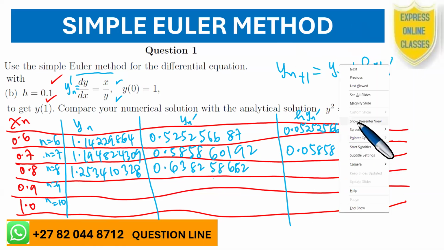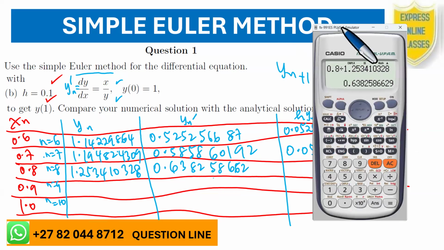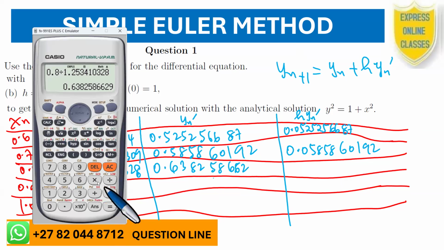Let's see what we get when we multiply by 0.1. Here we're going to take this value yn prime and multiply by 0.1. 0.063825866629.